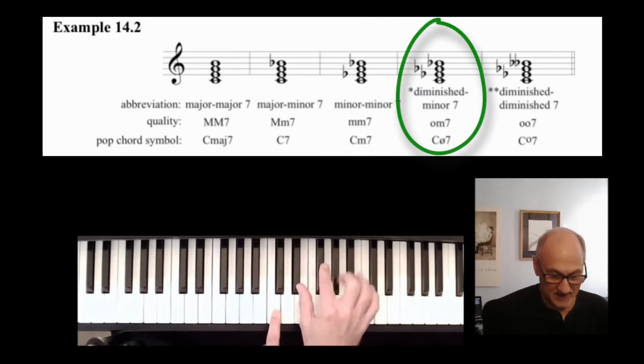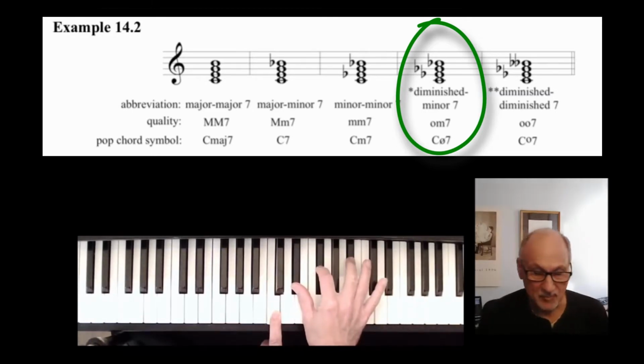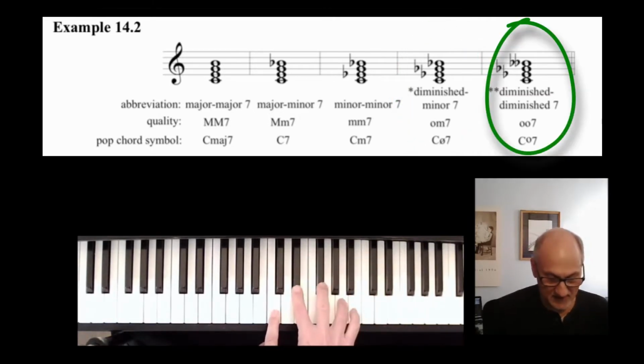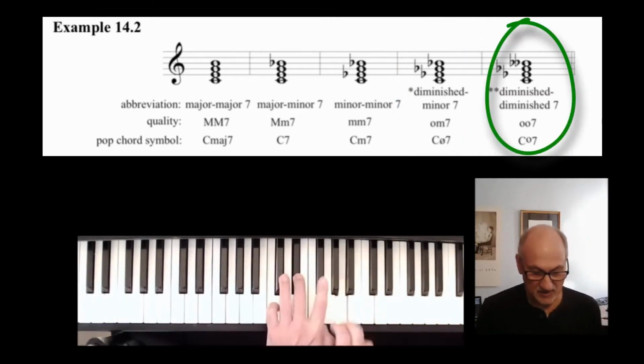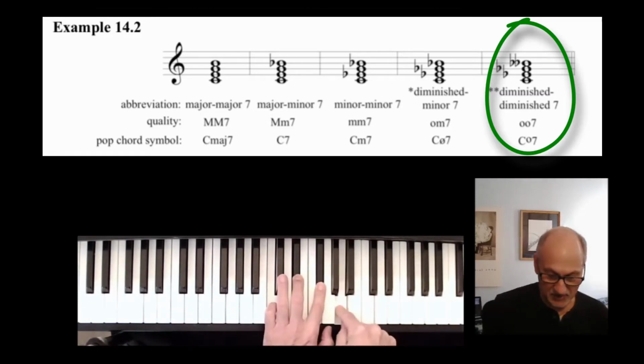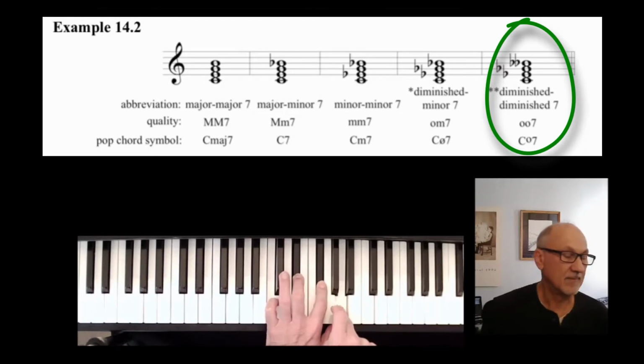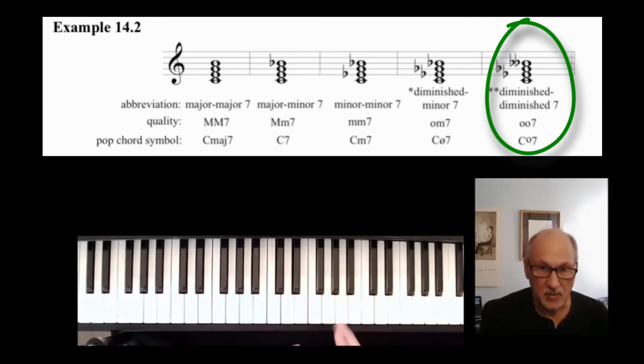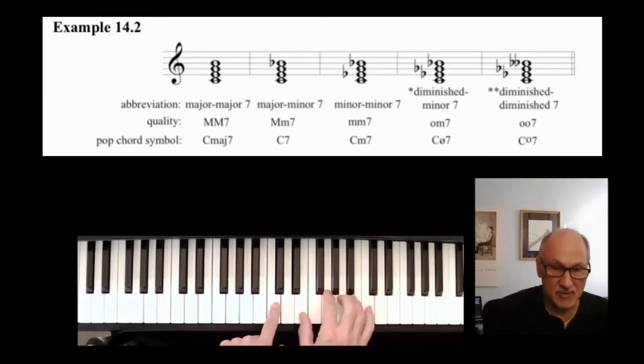And this is a diminished triad with a minor seventh, which we call a diminished minor 7 chord. And this is a diminished triad with a diminished seventh. You can see it's 3 half steps lower than the octave. So those are the chord qualities that we need when building sevenths.